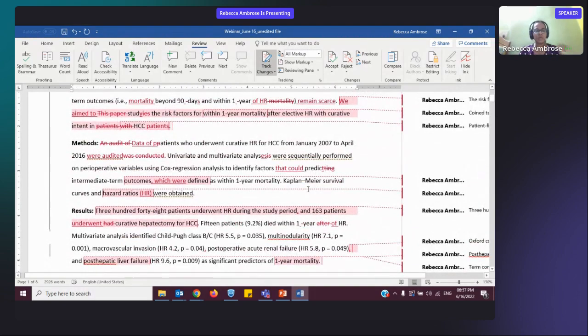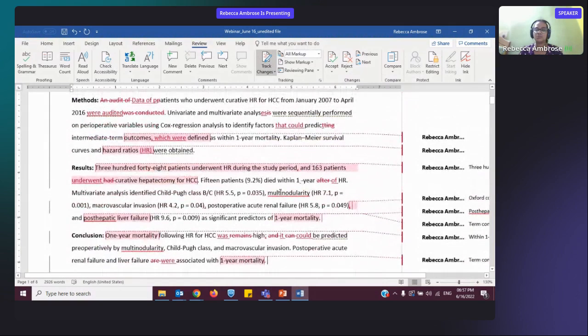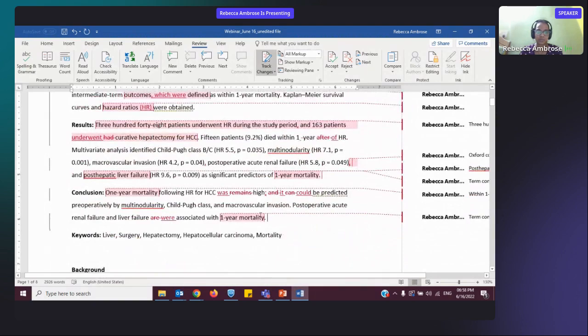Anybody reading it at one shot can just go to the aim, go to the conclusion, and see: okay, this was the aim of the study, and this was what they found. They don't have to read between the lines and try and figure out, did they find them, did they not find them, what did they find. Just so that it's super clear.